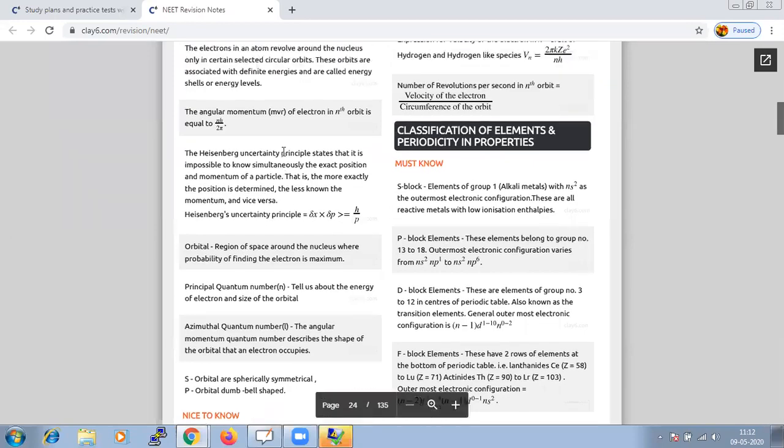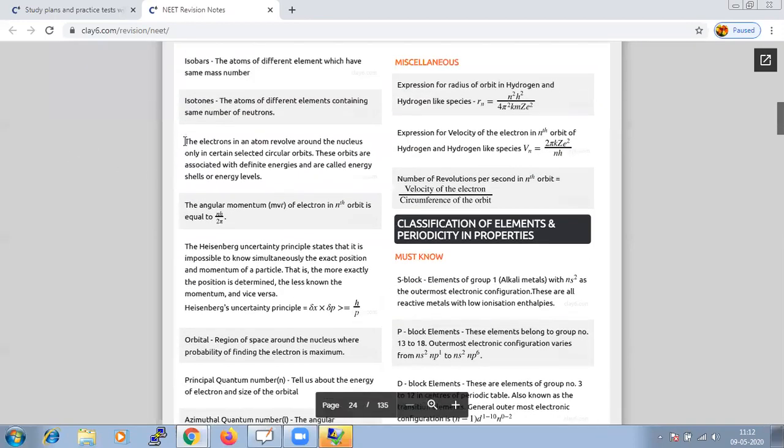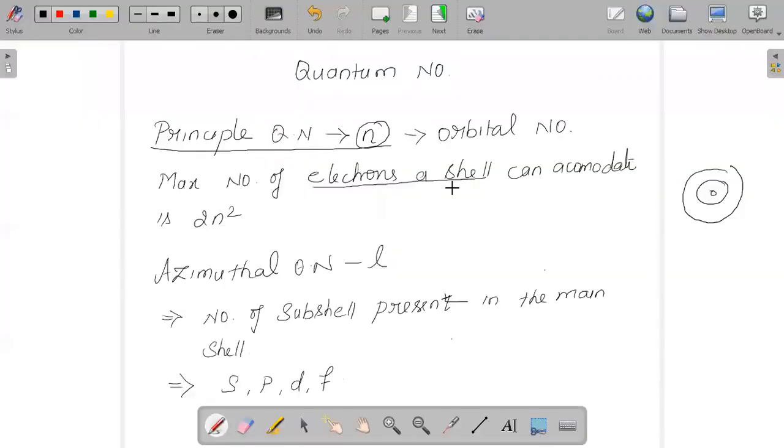I already explained: the electrons in an atom will revolve around the nucleus only in certain selected orbits. So each shell should have its own capacity to accommodate electrons, and the formula 2n square will help you find the total number of electrons in each shell.